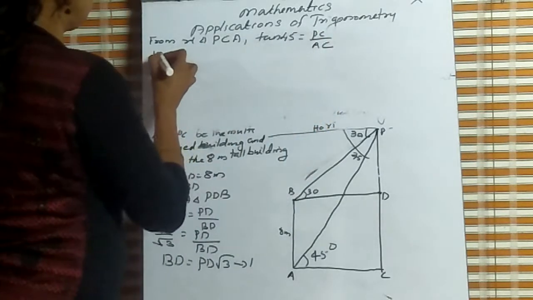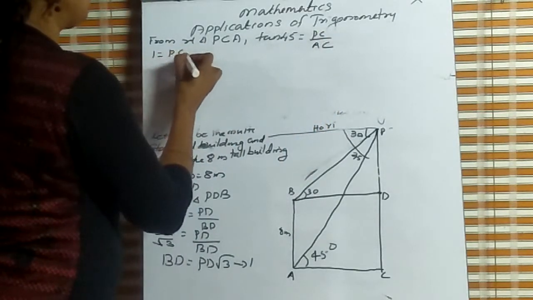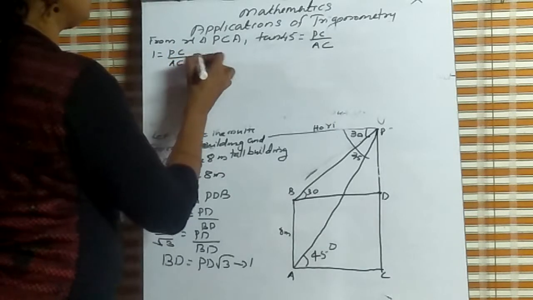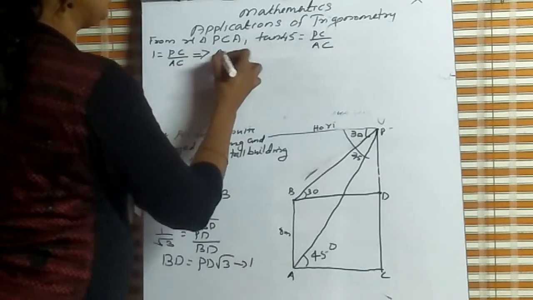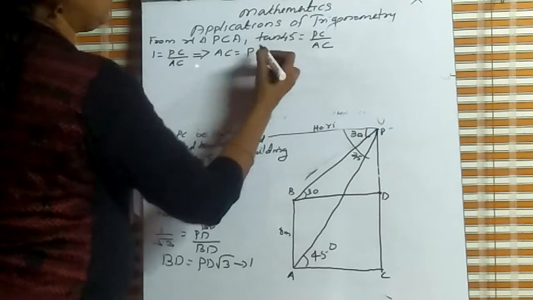What is the value of tan 45? 1 is equal to PC by AC. Implies AC is equal to PC.